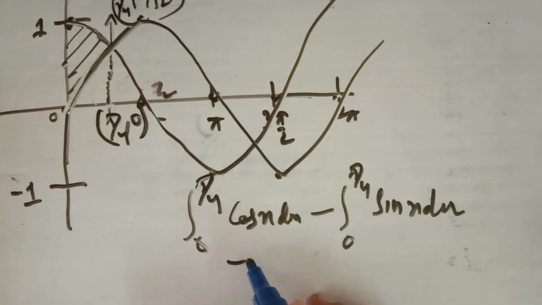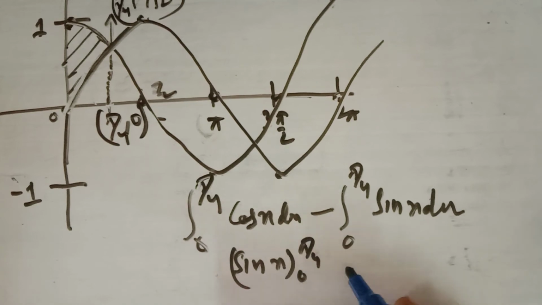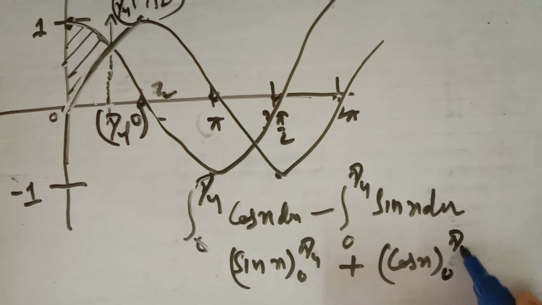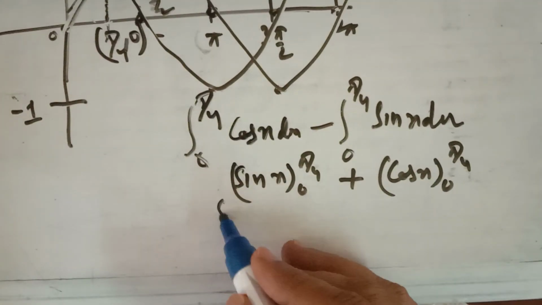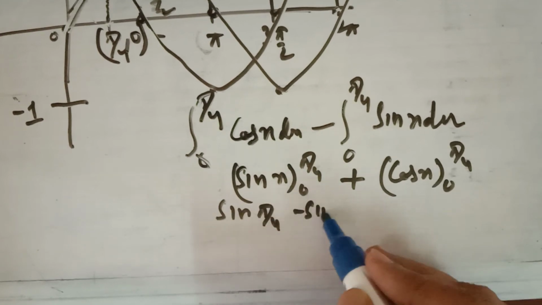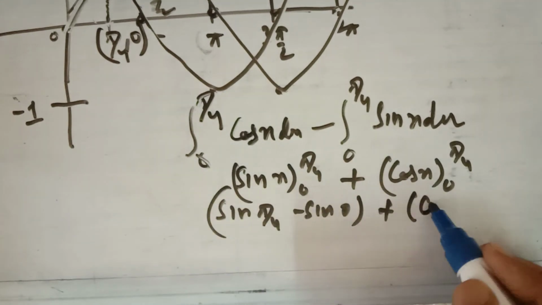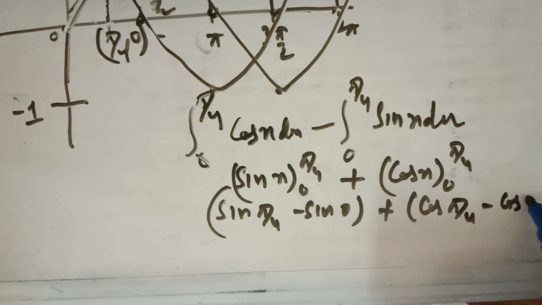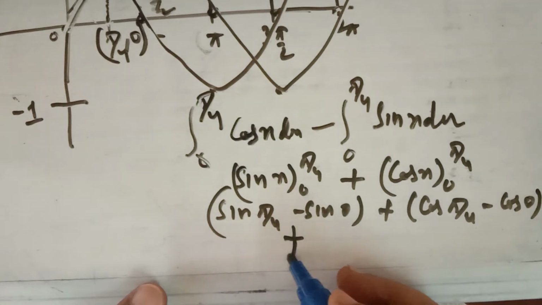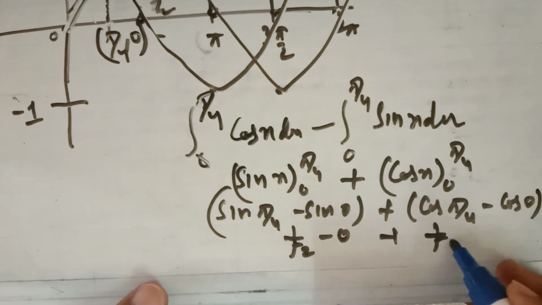So it will be sin x, upper limit minus lower limit; integration of sin x is minus cos x. So sin x plus cos x from 0 to pi by 4. So upper limit minus lower limit: sin pi by 4 plus cos pi by 4 minus sin 0 plus cos 0. Put the values of sin pi by 4, which is 1 upon root 2, cos pi by 4, which is 1 upon root 2, and when you simplify, it will be minus 0, 1 upon root 2 minus 1.